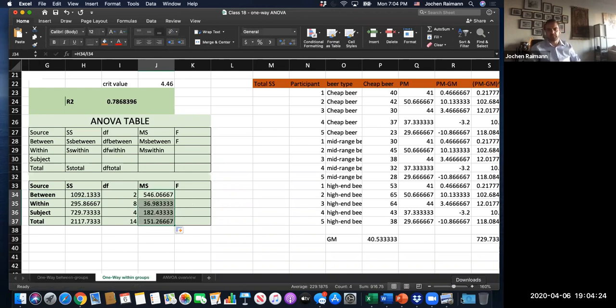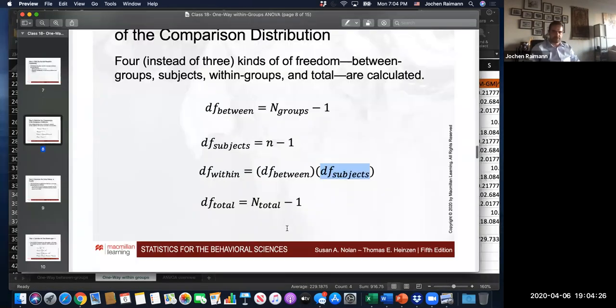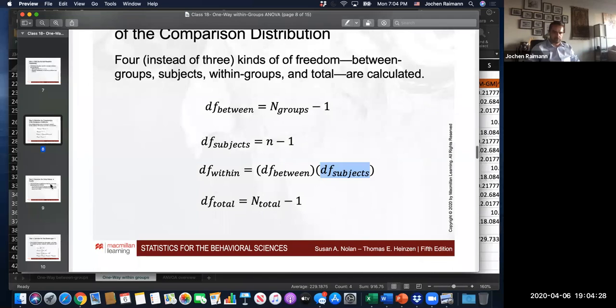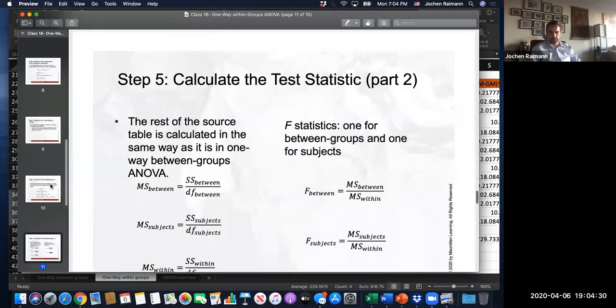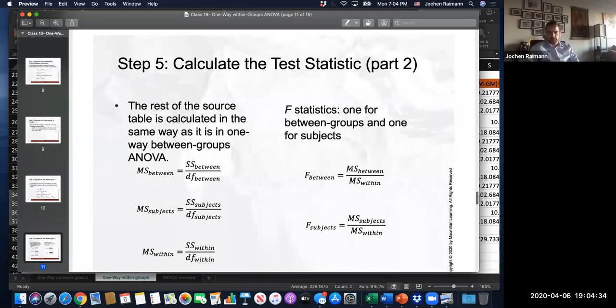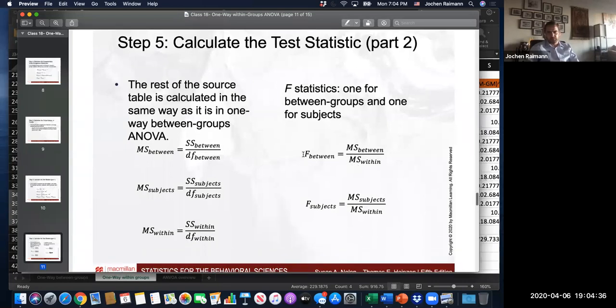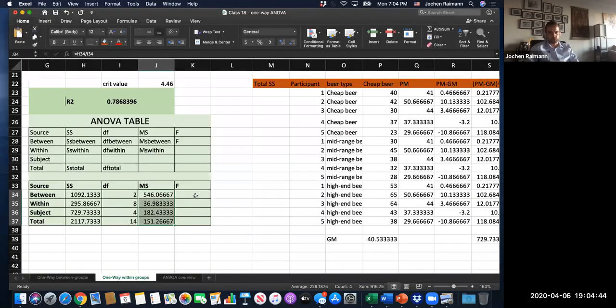And the charm of this whole analysis is that you have total is n total minus 1. Now we go down. We're getting now all these calculations. And when you now want to have the F between and the F subjects, you gotta calculate the mean squares between divided by the mean squares within.